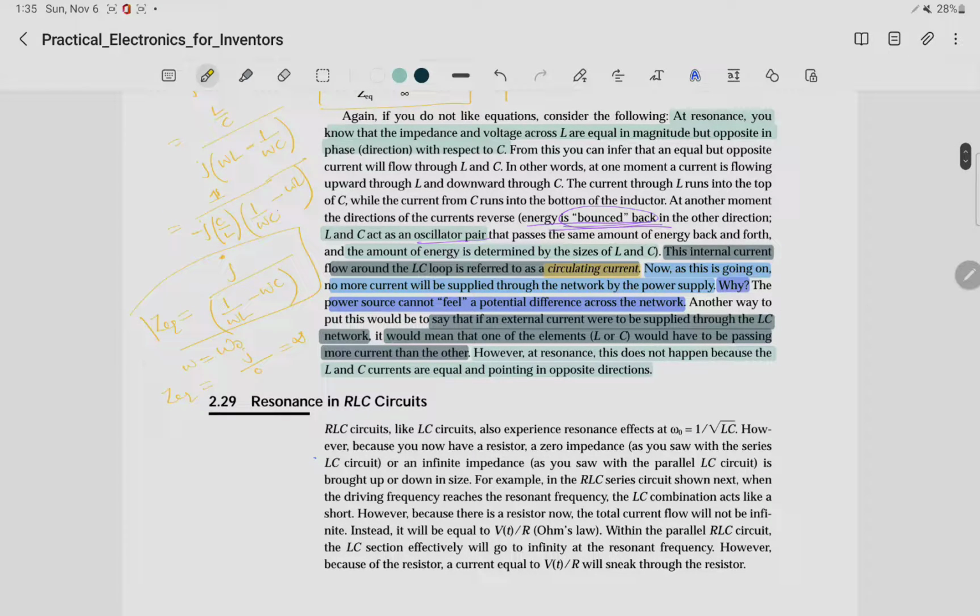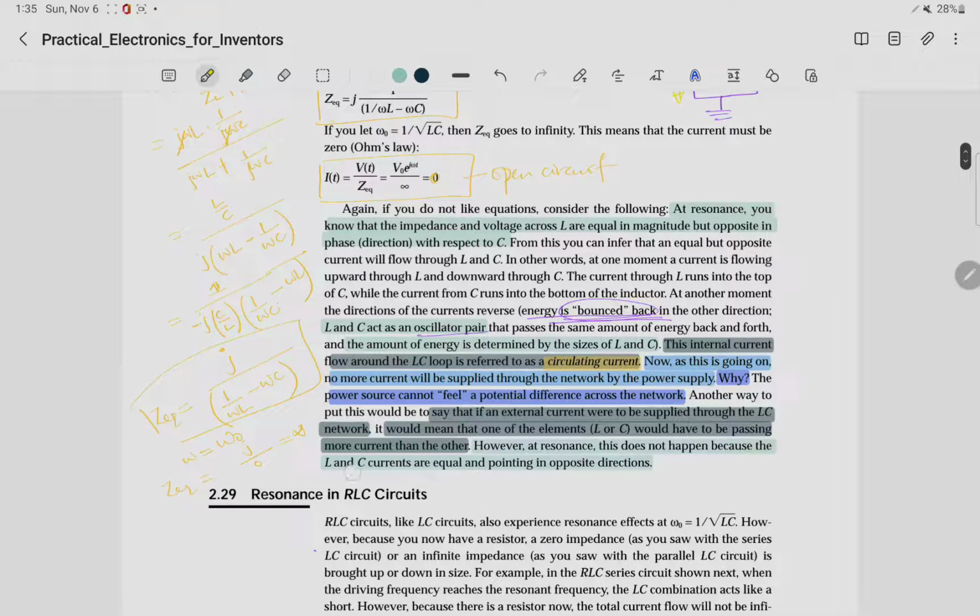Another way to put this would be to say that if an external current were to be supplied through the LC network, it would mean that one of the elements, L or C, would have to be passing more current than the other. However, at resonant frequency, this does not happen because L and C currents are equal and pointing in opposite directions.